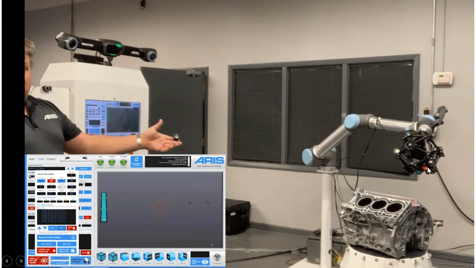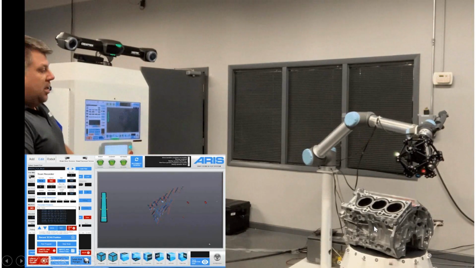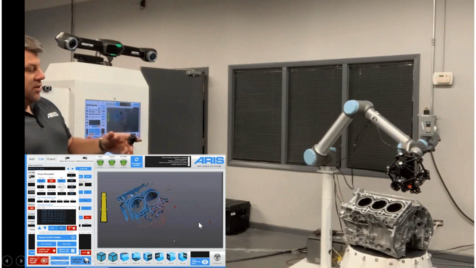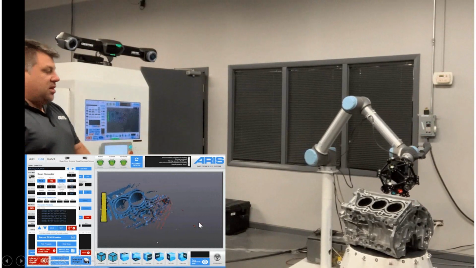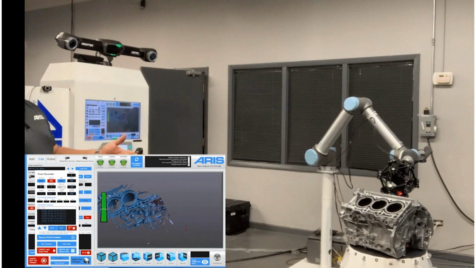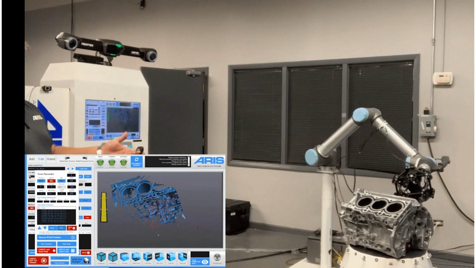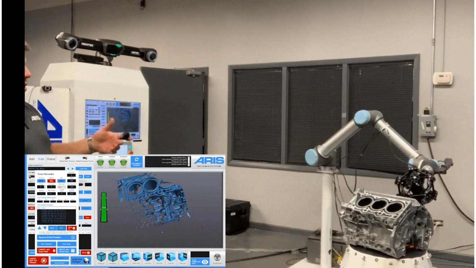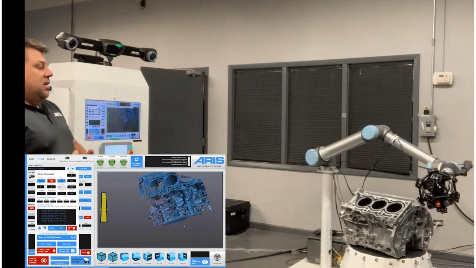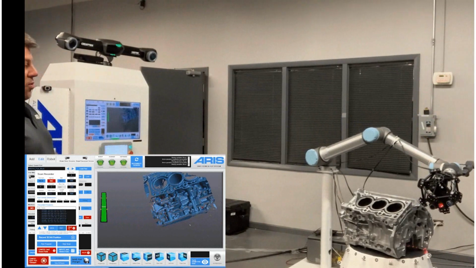So we've got lasers here. You can see this red light. And this device is now starting to 3D scan, dimensionally scan the die casting. Once this casting is scanned, we can compare it against a CAD model, and we can then determine variation from the CAD system to the 3D scanning system.